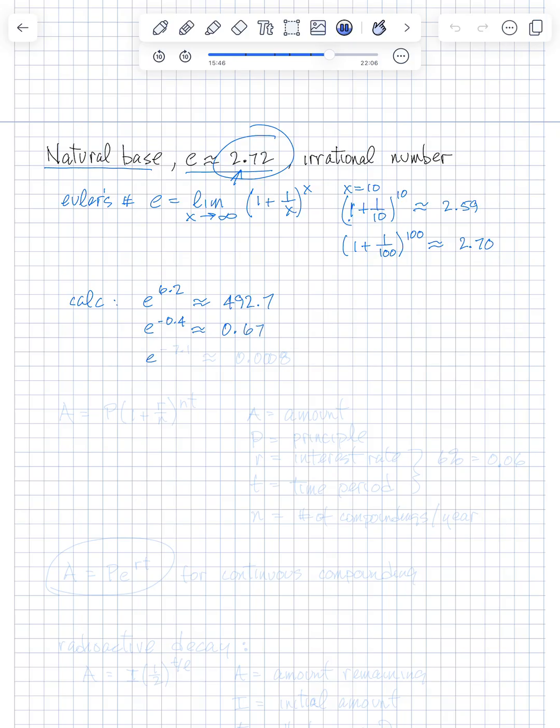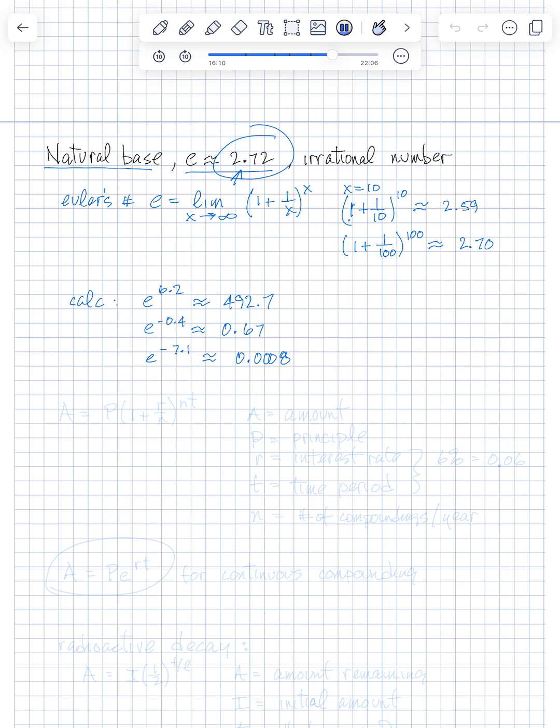If we go e^-7.1, we get a smaller number yet, 0.0008. So this value e is used in compound interest.